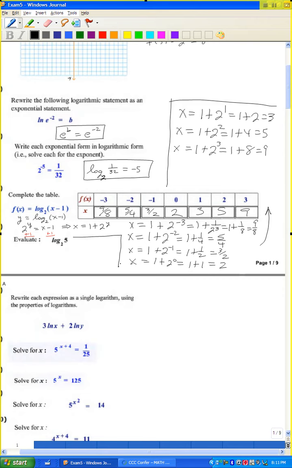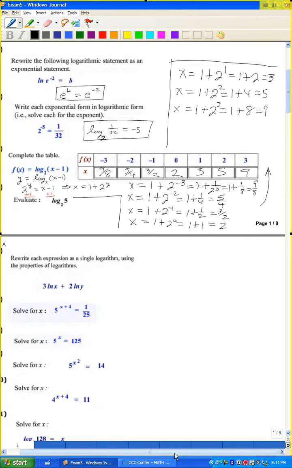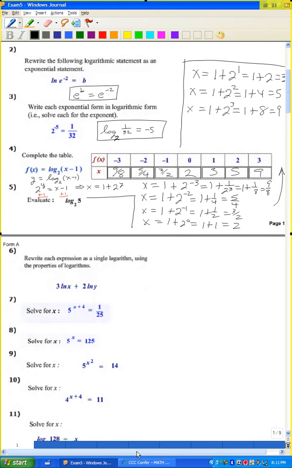Let me do the next problem. Evaluate. And so I can rewrite this by the change of base formula. And so I can write this as, let's do this base 10.